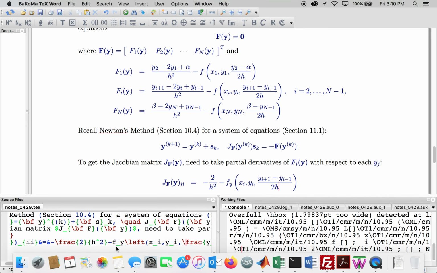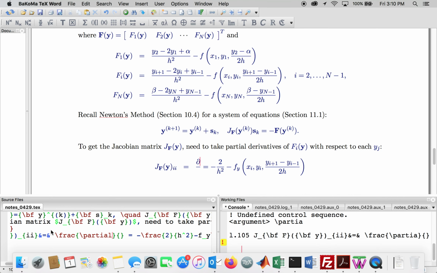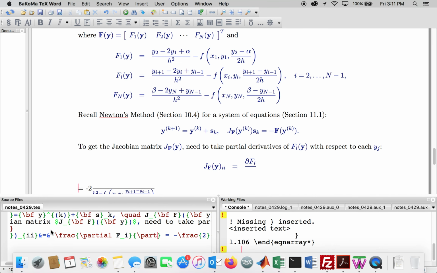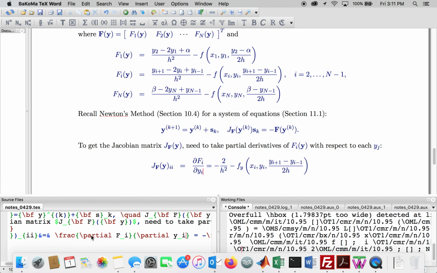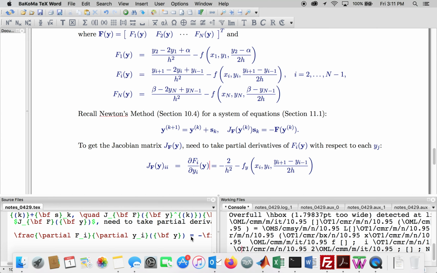Now I want to point out, since there's a typo in the book about this, so this is the same thing as the partial derivative of fi with respect to yi evaluated at whatever y we have.